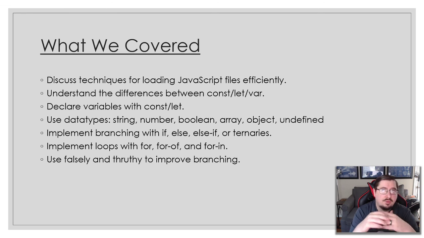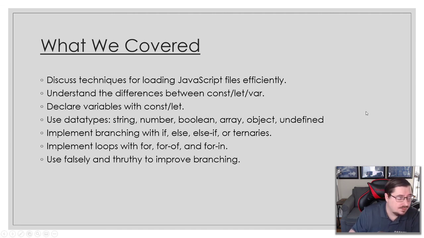And remember that generally, if you're looping over an array, I would recommend using the for of structure, because it's generally going to be the cleanest. And then we finally talked about falsy and truthy and how to use that to improve some of our branching logic. Okay, that is it for this lecture.